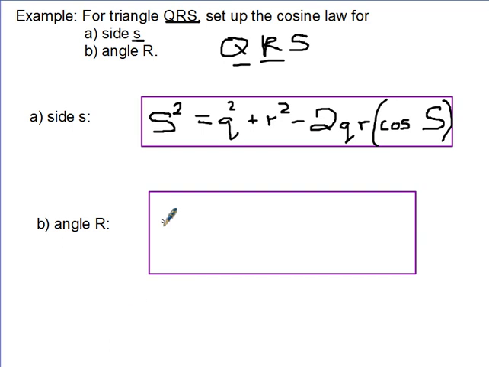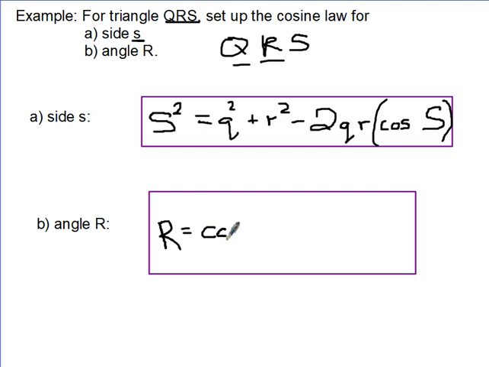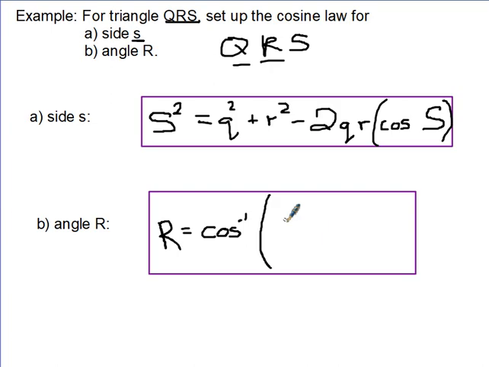And now over here, they want us to solve for angle R. So R will equal the cos inverse of, now because it's angle R, we're going to start off with R squared, minus Q squared, minus S squared.